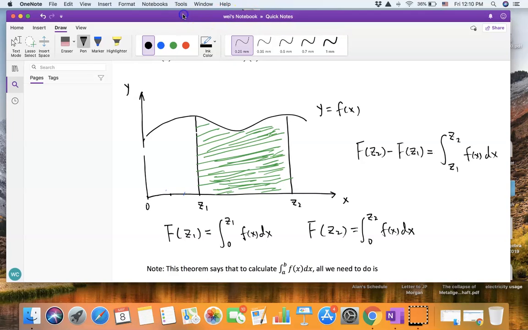Now, if I change these two variables into two constants, this is A, now this is B. Once we change the variables into constants, we have this result, which is capital F of B minus capital F of A equals the integral from a to b of f(x) dx.